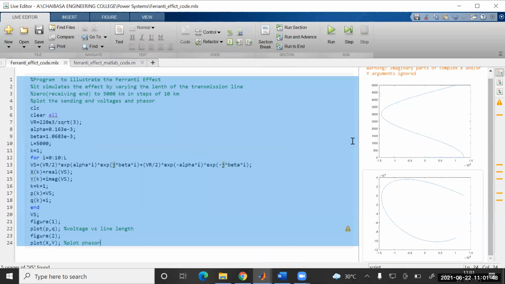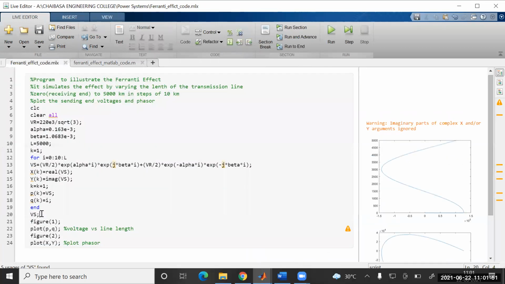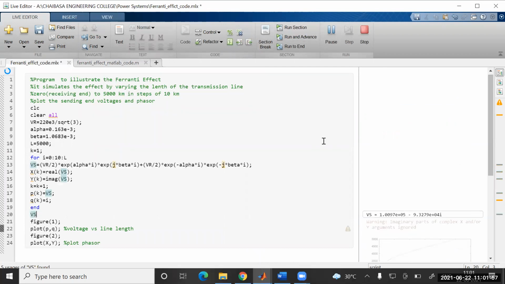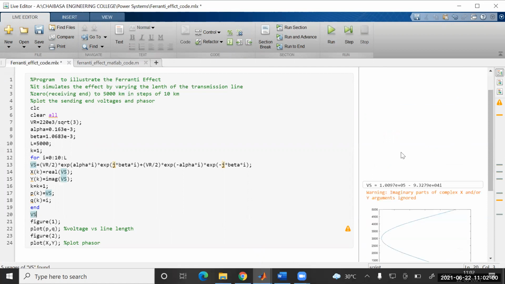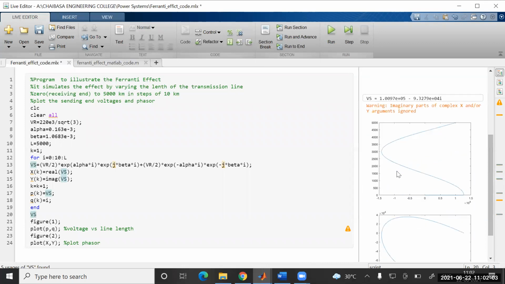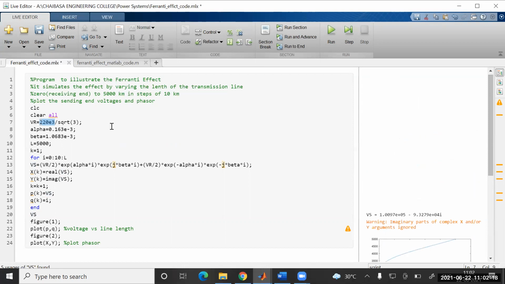Okay, so you could see from this part. First of all, the Vs value is 1.009 e to power 05. This is the magnitude, and see over here it is 220 e to power 3 by root 3.